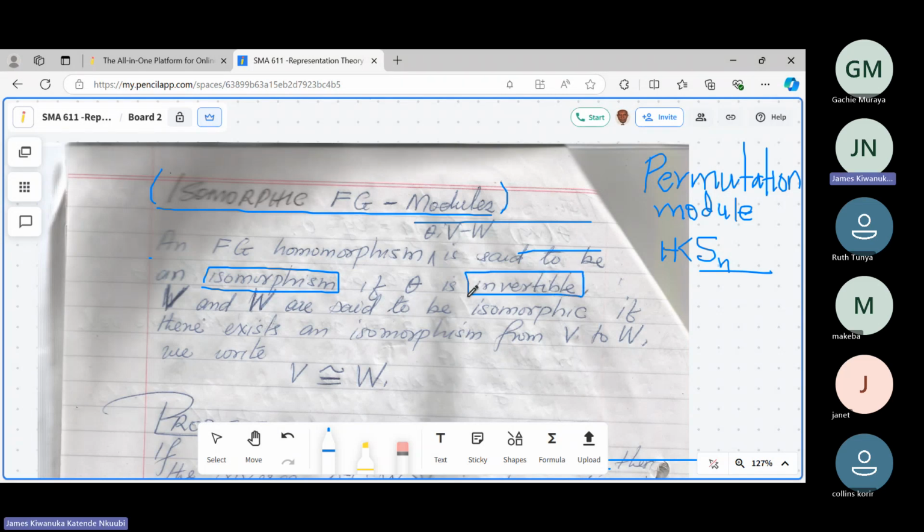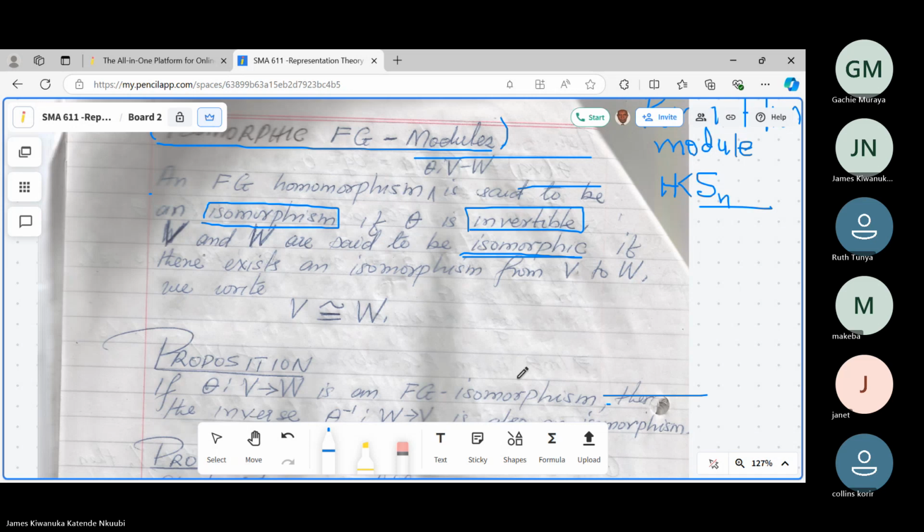So if the map is invertible, then the two FG modules are said to be isomorphic. It's simply another FG homomorphism, but we add one more property, that it's invertible, to make it an isomorphism. Since it's just a linear map, invertible means the same thing as isomorphism.